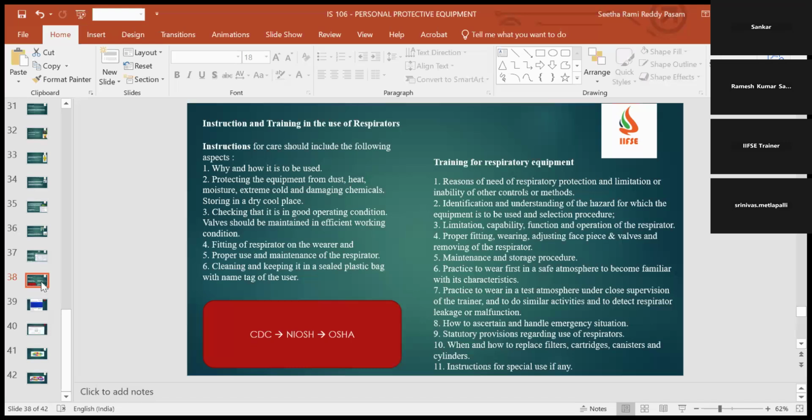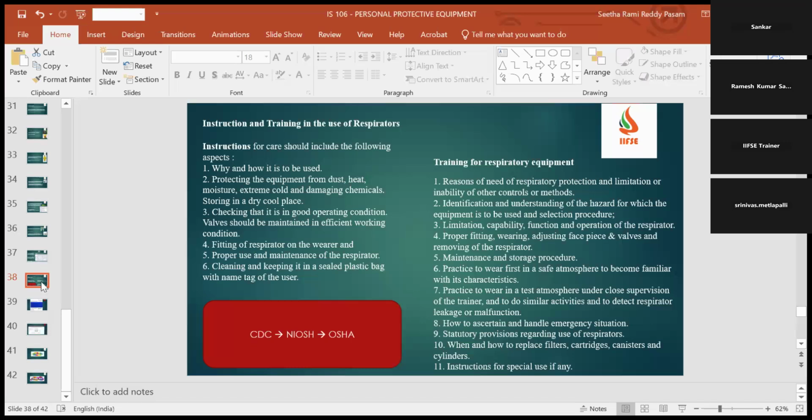Because these are not cheaper ones. I think each mask will be costing close to 3000 to 3500 including cartridges. So later we only change the cartridge, and the mask will be used till it gets damaged.